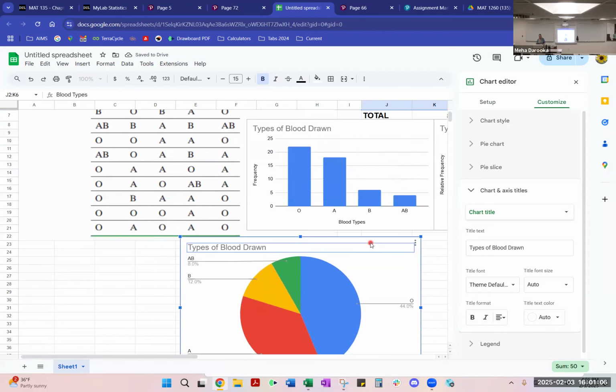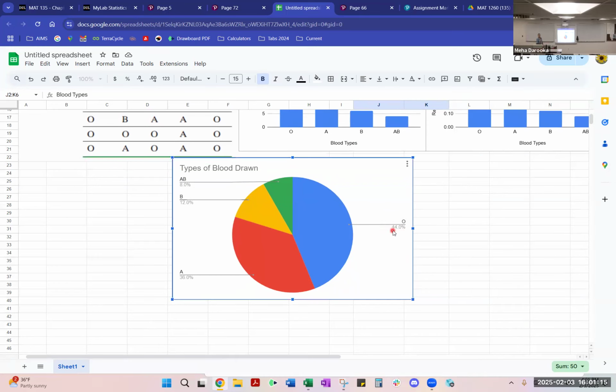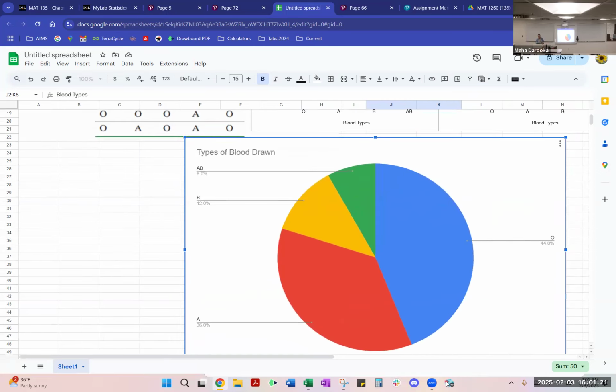You can now see by default, it's giving you a label. It's telling you O was our largest category. Remember, the relative frequency was 0.44. So it's showing you 44% over here, so you can see that's the 44% for O.